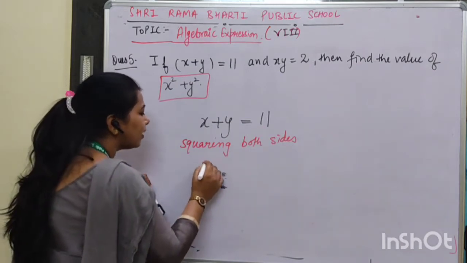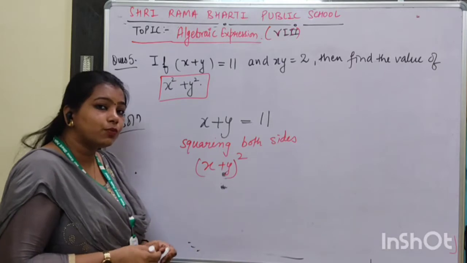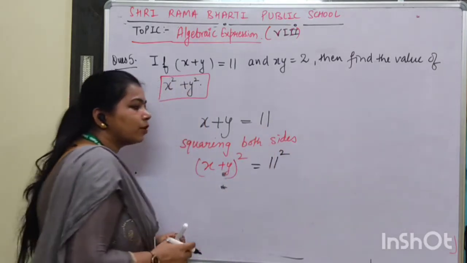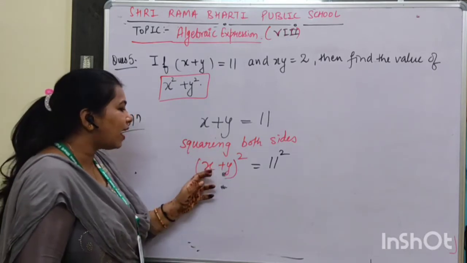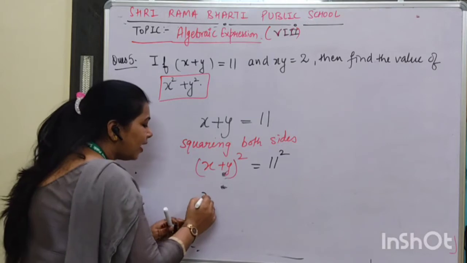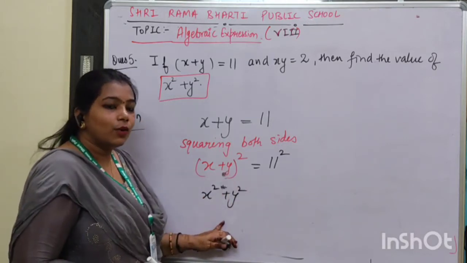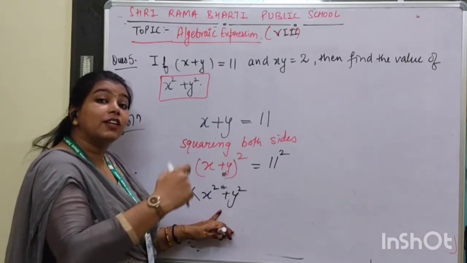So when I square it, it will become x plus y whole raised to the power 2, and it will become 11 raised to the power 2. You must be thinking that when the square is given, why have I not written x square and y square? No, it's a wrong way if you write term wise squaring.